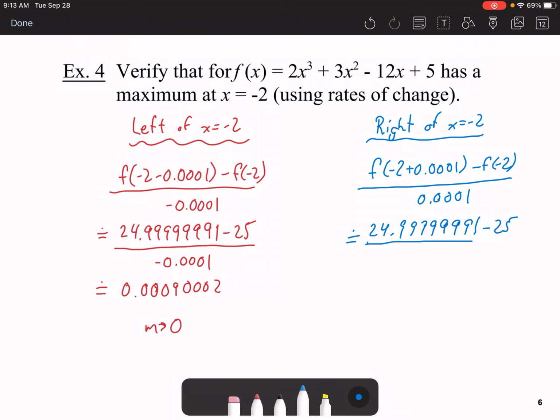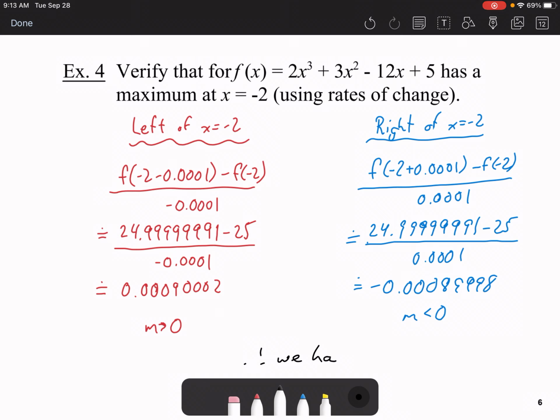It doesn't always work out that they're exactly the same numbers, but in this case it did, or at least it looks like they're the same numbers. When we actually work it out, you'll notice it's a negative value, very close to 0. So therefore, we have proved we have a maximum.